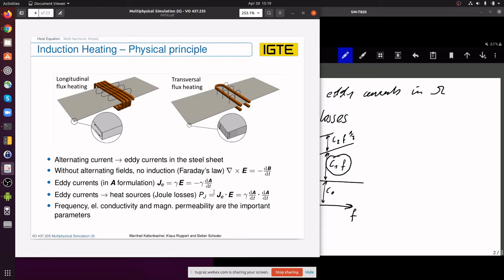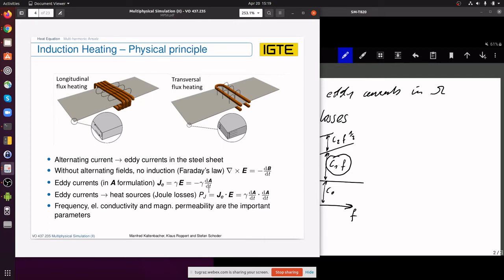And this term here, the Joule losses, J times E, or time derivative of A times time derivative of A scaled with the electric conductivity, that's a term we will discuss in a few minutes.